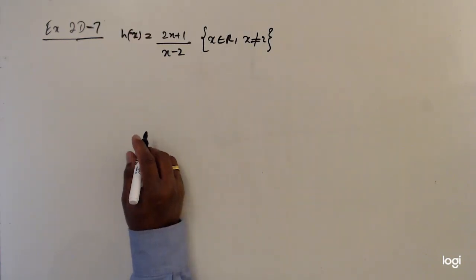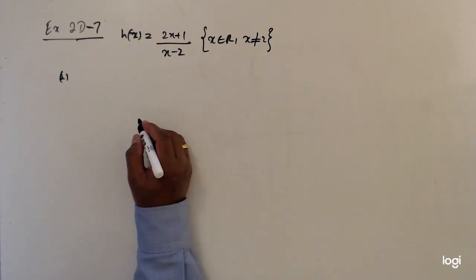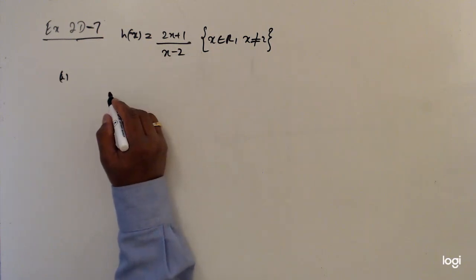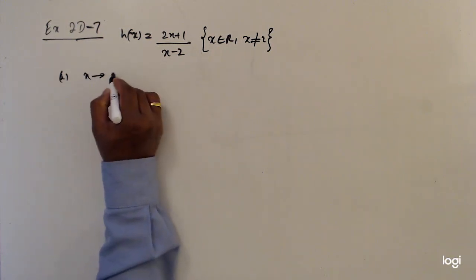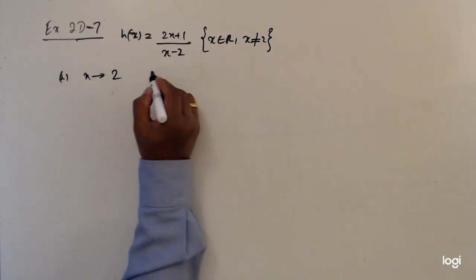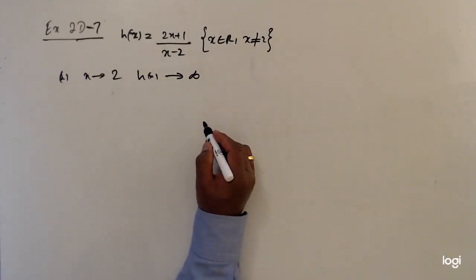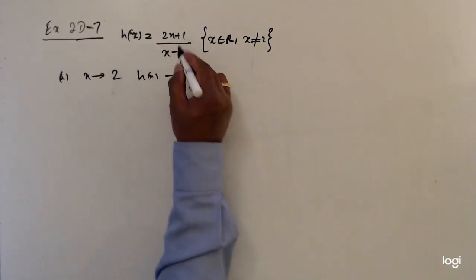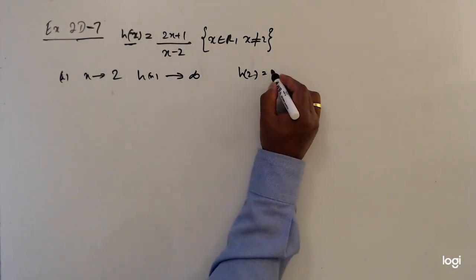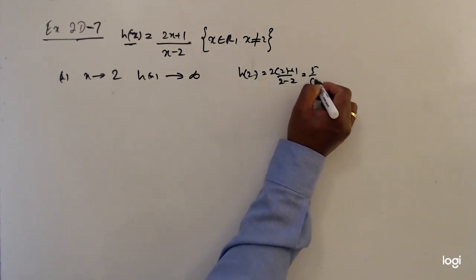Question number 7, part A. What happens to the function as x approaches 2? When x approaches 2, hx approaches infinity, because h2, when x equals 2, is 2 times 2 plus 1 over 2 minus 2, which is 5 over 0.